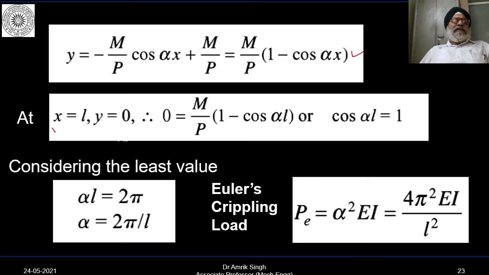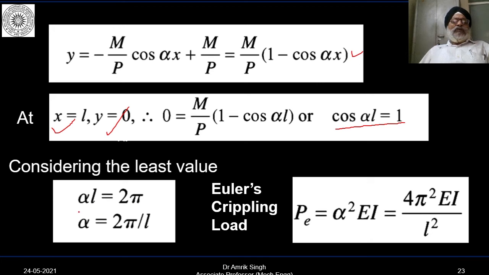Now at x is equal to L, y is equal to 0. So at the other end we put this equal to 0. That means cos alpha L will be equal to 1 by this condition. So alpha L will be equal to 2 pi, because 1 is cos 2 pi.